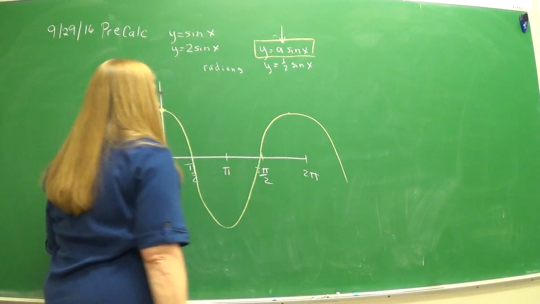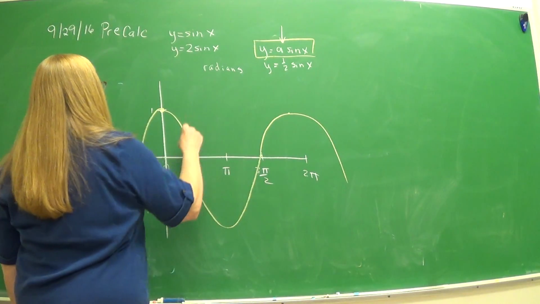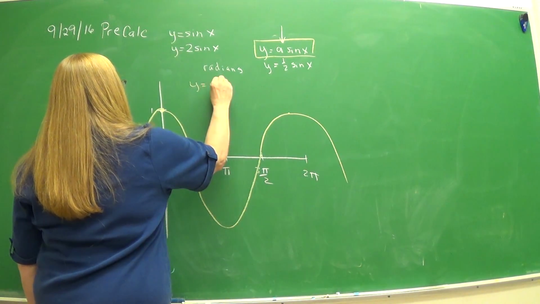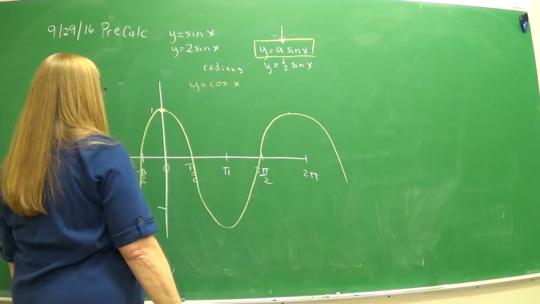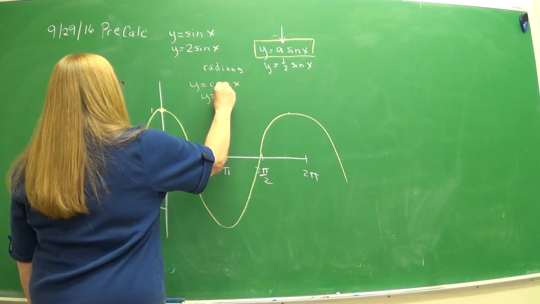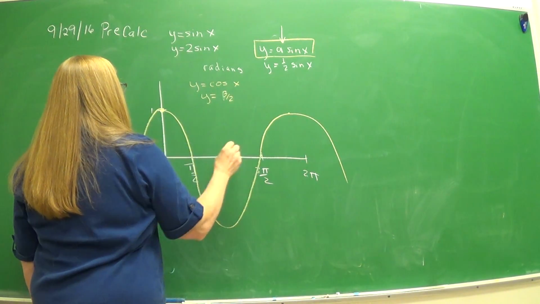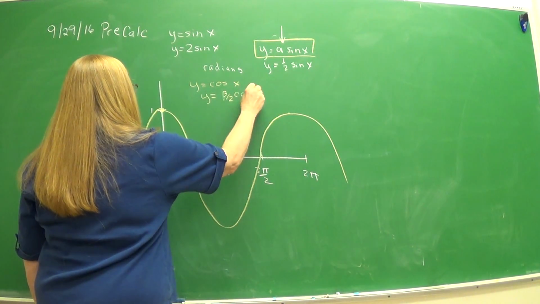So, all right. What do you suppose happens when I take y equals cosine x and change it to y equals 1/2 cosine x?